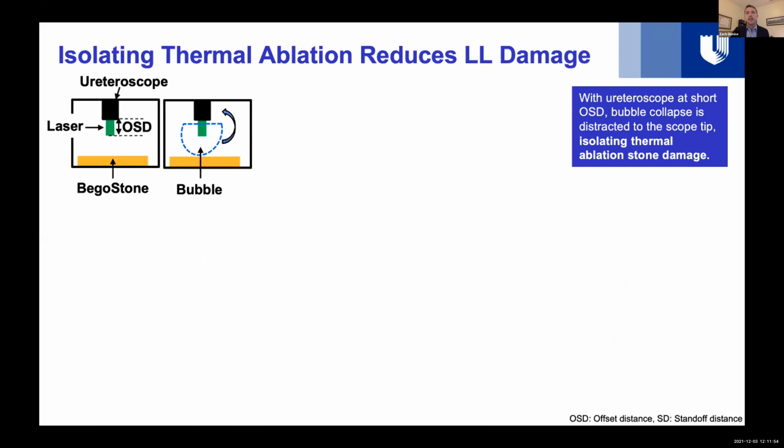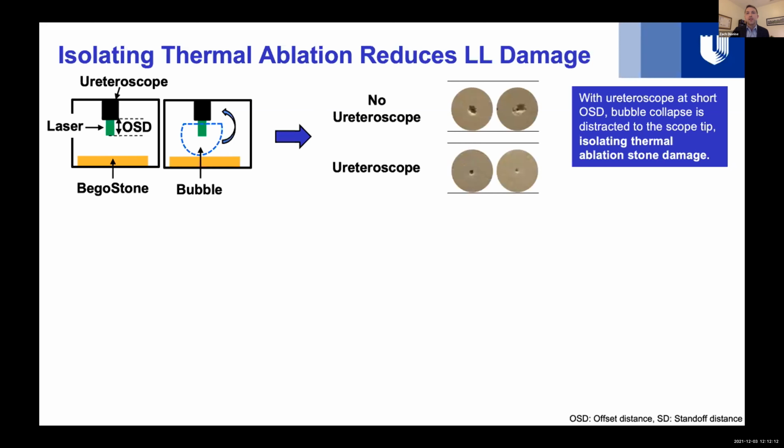Next, we isolated damage from thermal ablation while performing laser lithotripsy in water. After observing that at short laser fiber offset distances, bubble collapse had a boundary effect and was distracted away from the stone surface and toward the ureteroscope, we used the ureteroscope to isolate thermal ablation damage. Comparing crater damage of stones treated with and without a ureteroscope, damage was greater without a scope.